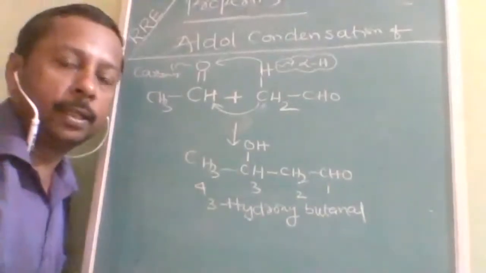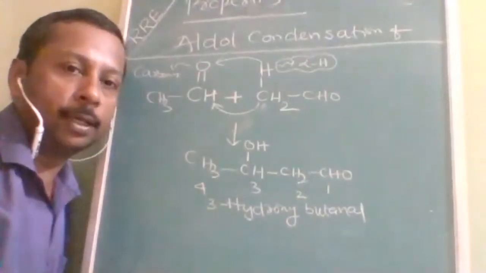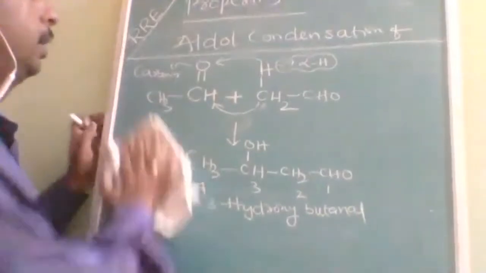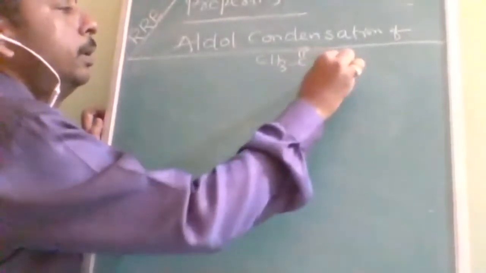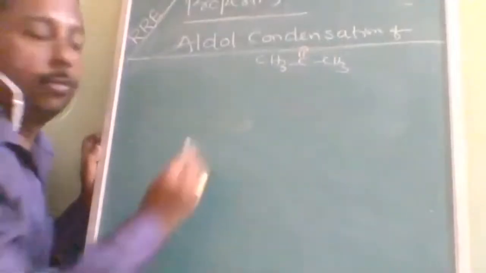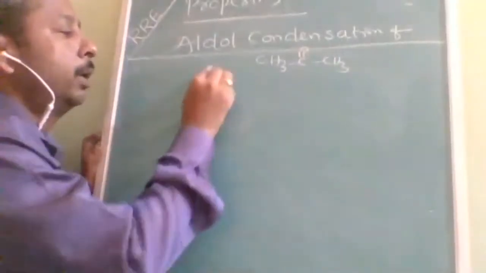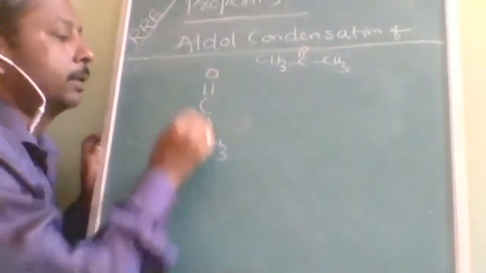Let us apply it to a ketone. Will this technique apply to a ketone or not? Let's see. So acetone. The acetone molecule is CH3, C double bond O, CH3. What I told you: in 1 mole you have to highlight the carbonyl, so you should write it like this.